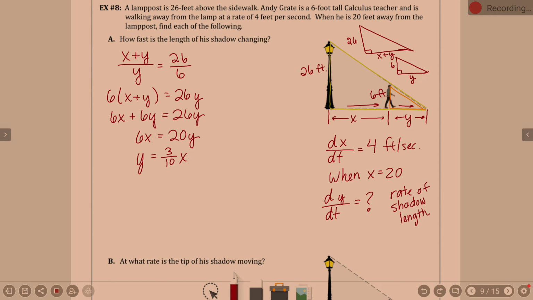And you could have differentiated several places along the way, but I'm going to differentiate here. Derivative of y is 1 dy/dt. Derivative of 3/10 x is 3/10 times the derivative of x with respect to time.